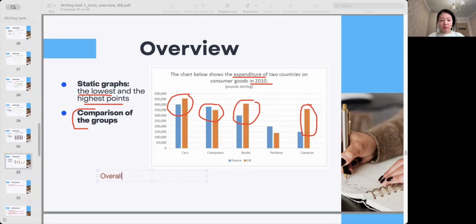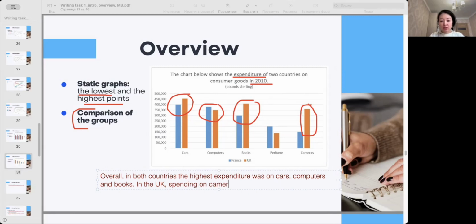Okay, overall, again, in both countries, the highest expenditure was on cars, computers, and books, right? As I've told you. And then I can mention that in the UK, spending on cameras was also relatively high.